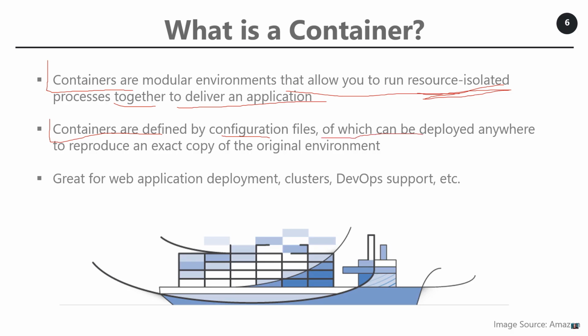So of which can be deployed anywhere to reproduce an exact copy of the original environment. So you can have multiple copies of that. You can put together a web server, all configured and everything in place.